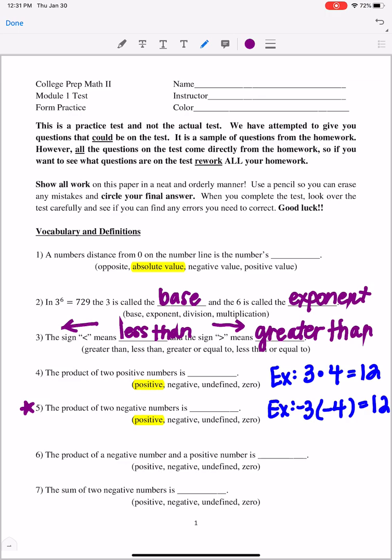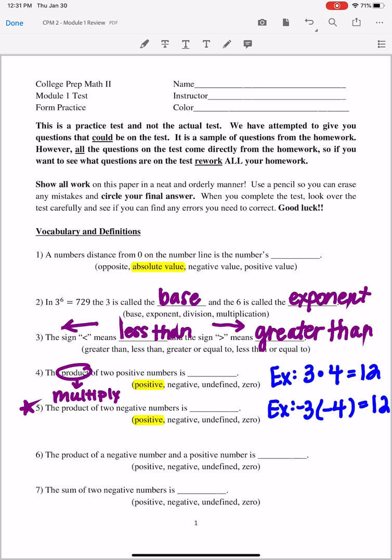It would make sense that two negatives is negative, but when you are multiplying, which is what the product means, product just means multiply, if those signs are the same, the answer is positive, whether it's two positives or two negatives.